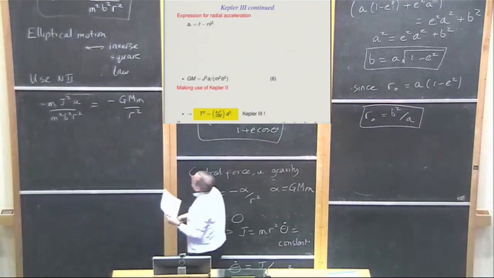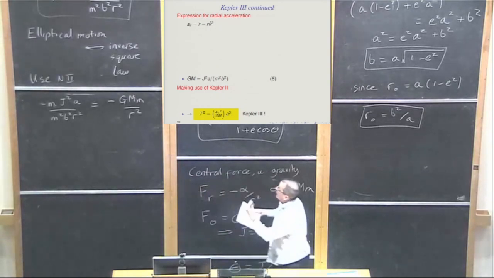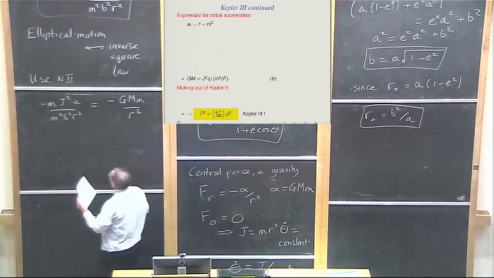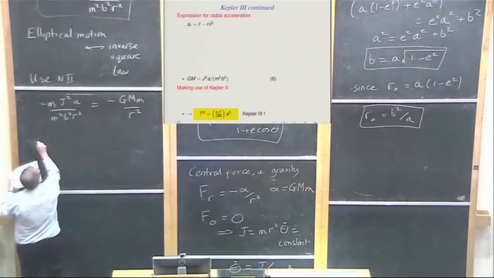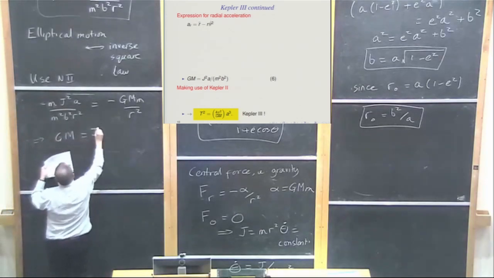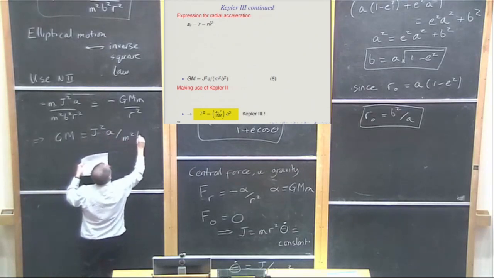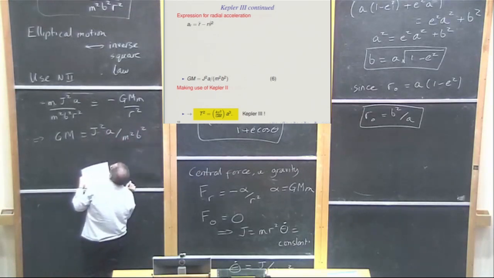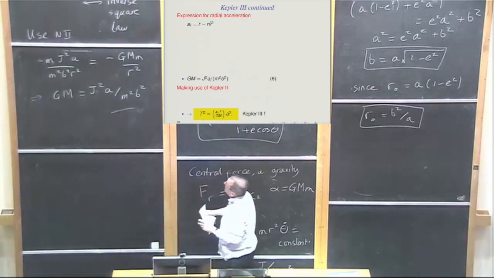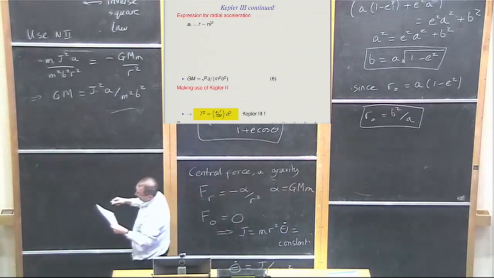So there's m's on either side, there's r squareds on either side. So this is already looking quite exciting because the r squareds are going to go, and we get left with big G, big M equals j squared a over m squared b squared. Okay, so this is a very promising and interesting looking expression, but it doesn't yet look like Kepler 3.